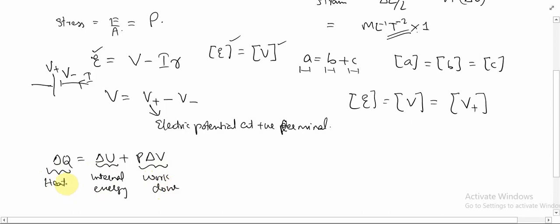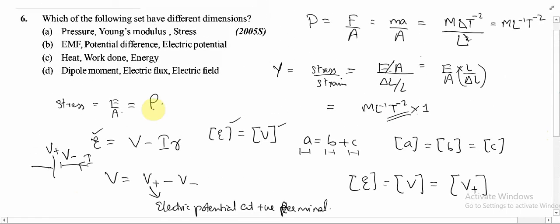So these three quantities have the same dimension according to the principle of homogeneity of dimensions, because these three are connected in an equation. So option A, B, C have the same dimensions.